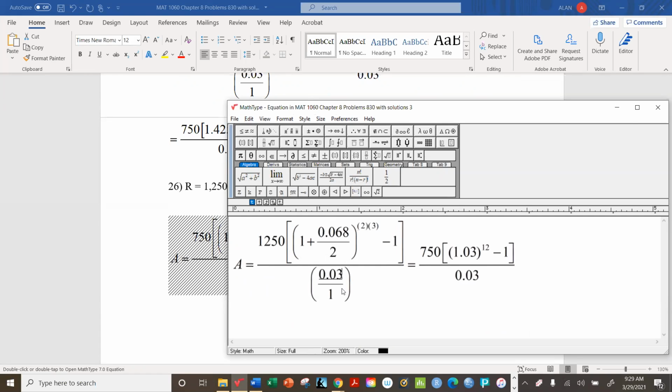Okay, so down here we have the same thing in the parentheses, 0.068 over 2. All right, so we've got 1250, 1.034, and here we go.